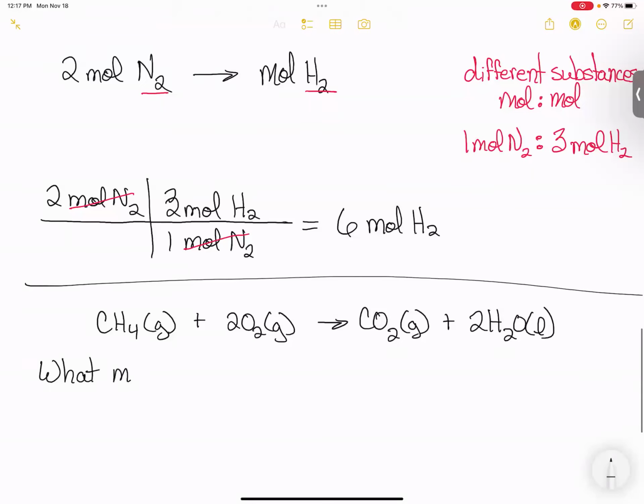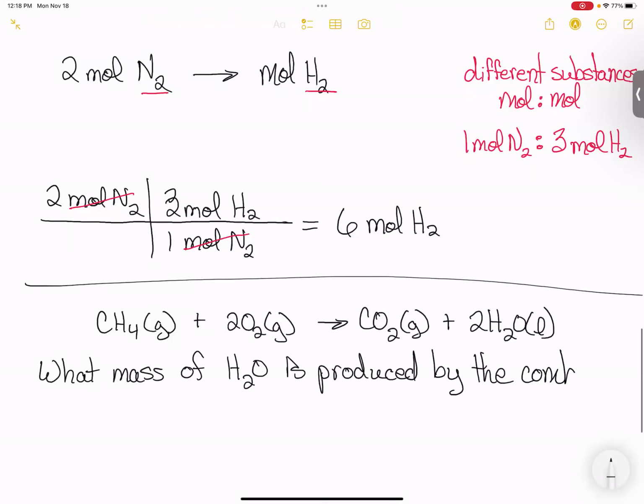What mass of water is produced by the combustion of 1.00 moles CH4?